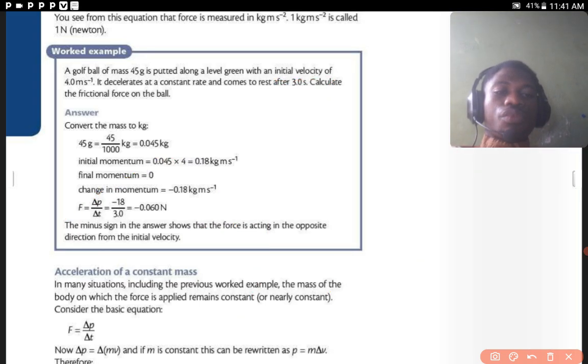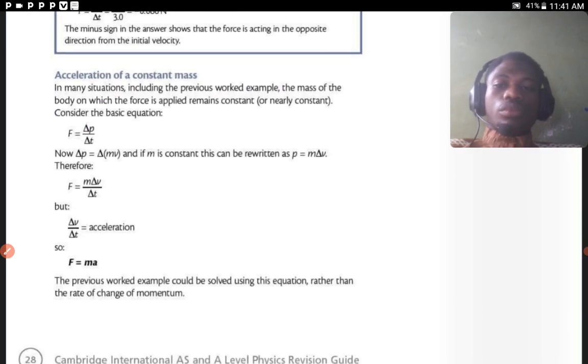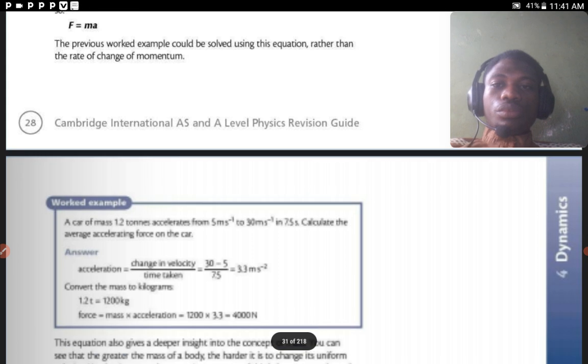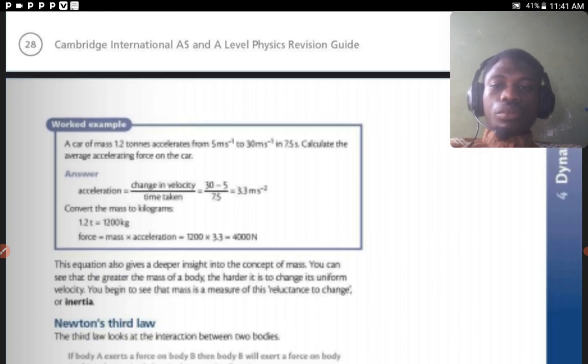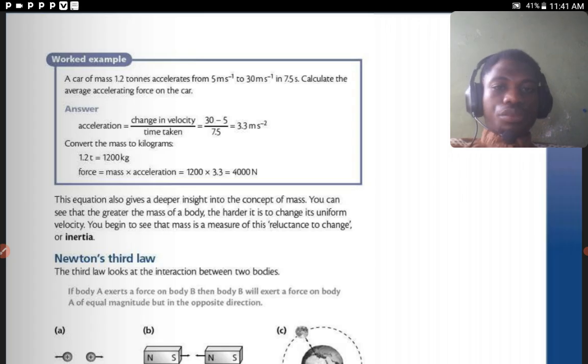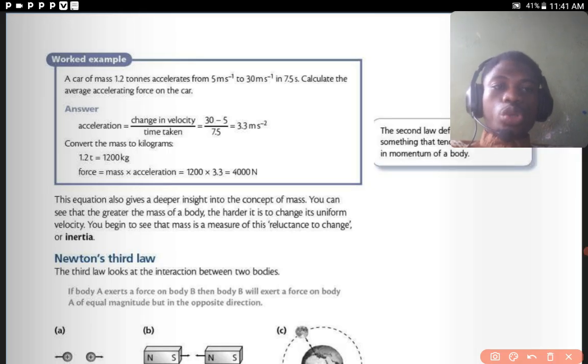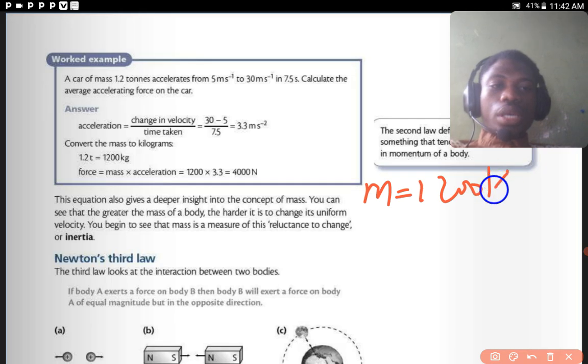Now, let's continue. Now we look at this question. A car of mass 1.2 tons. Remember, 1 ton is 1000 kilogram, so 1.2 tons should be 1200 kilogram.